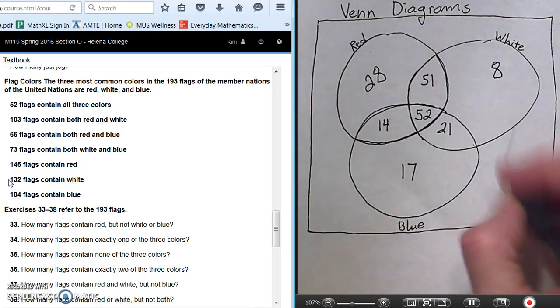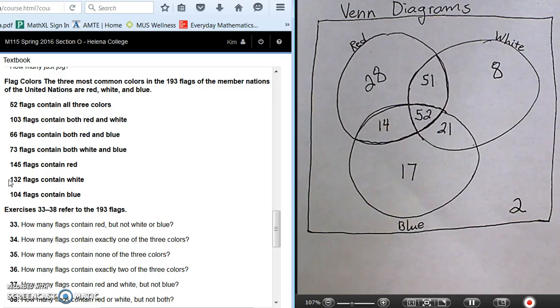If I were to add all these values together, I should have 193. Because it had said at the very beginning, flag colors, the 3 most common colors in 193 flags of the member nations. So there's 193 total. Now if we take a look at question number 33 on the left-hand side, question 33 says, how many flags contain red but not white or blue?